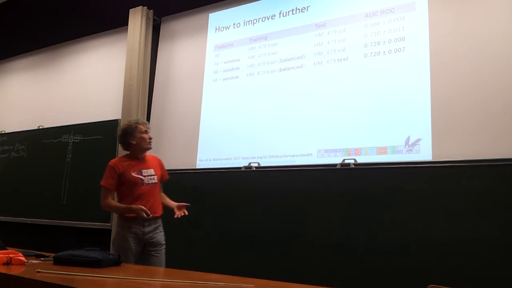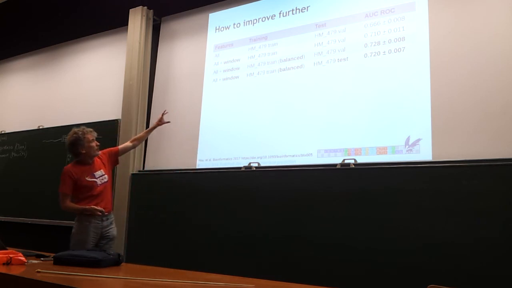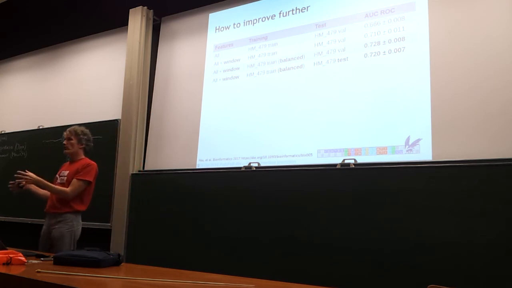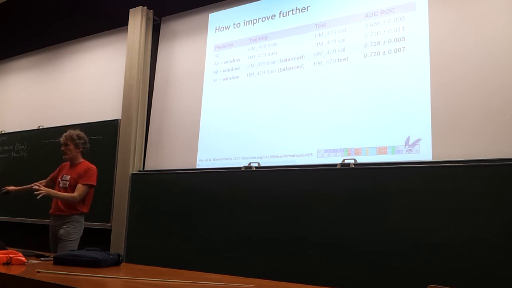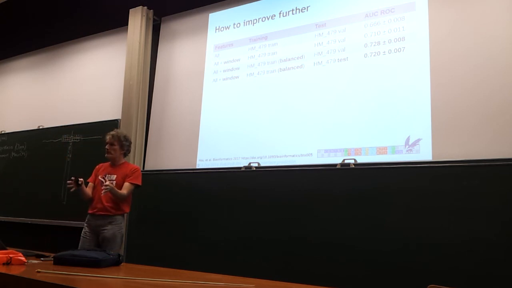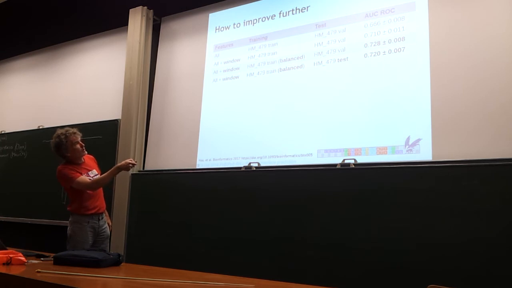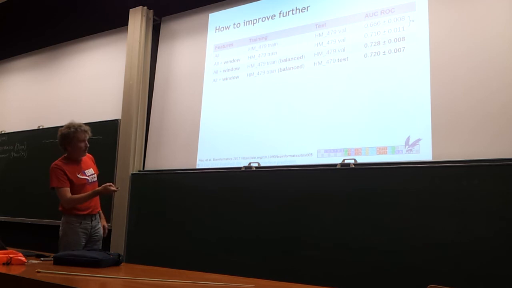Yeah, so to help the method avoid that bias, you just chuck out 3 out of 4 non-interface positions, so you get the same amount of non-interface as interface. That's called balancing, and that helps a little bit. Not a lot, but it's important. Okay.